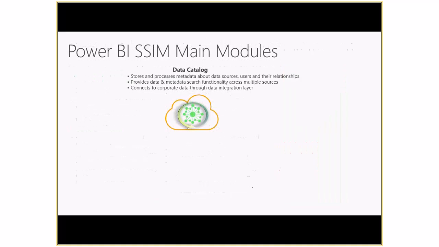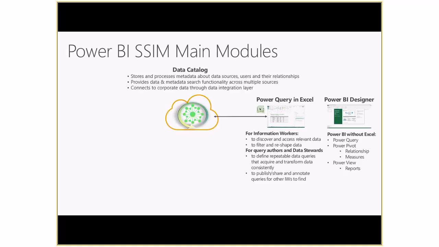So looking at this self-service information management, that data catalog I was talking about, that's if you have the Office 365. It does not come with the standalone. You've got the authoring for it.